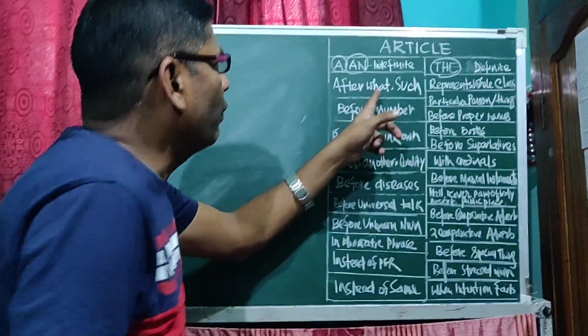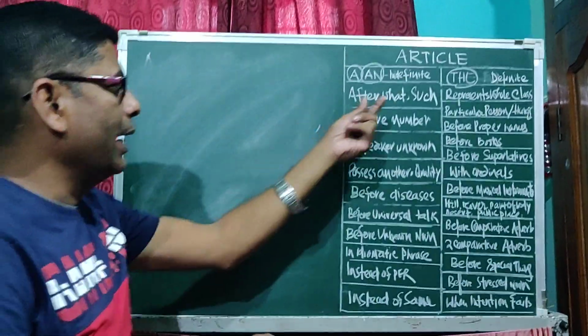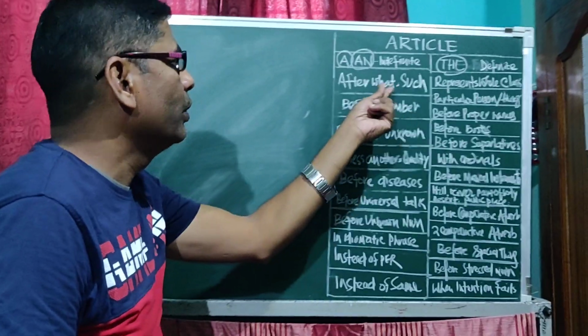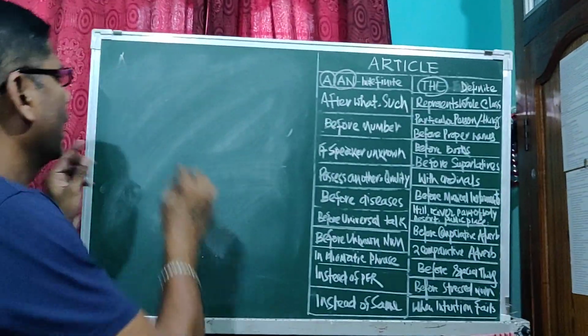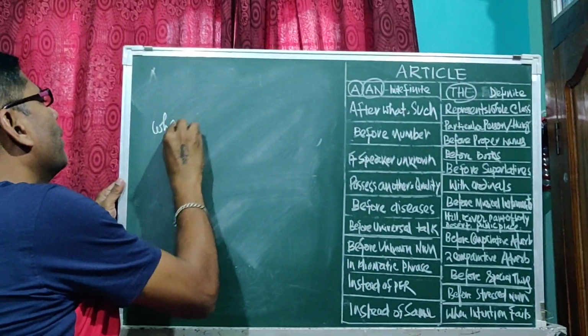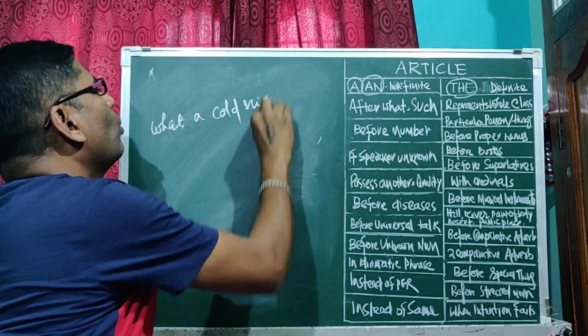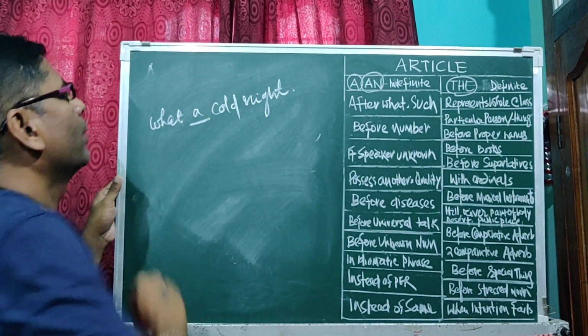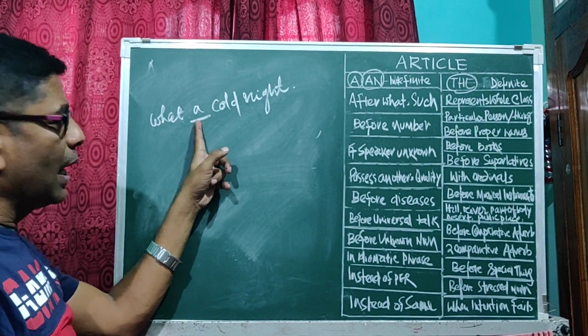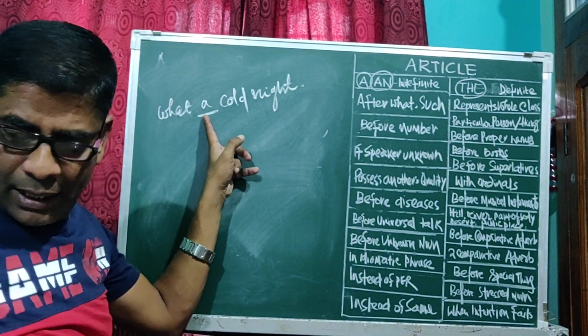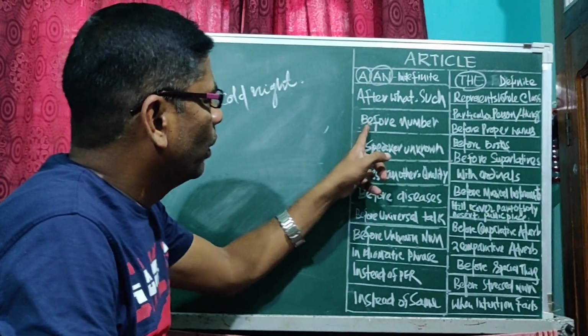Number 1. After what and such, we use the article A. For example, what a cold night. After what, I use A. Number 2. Before numbers.